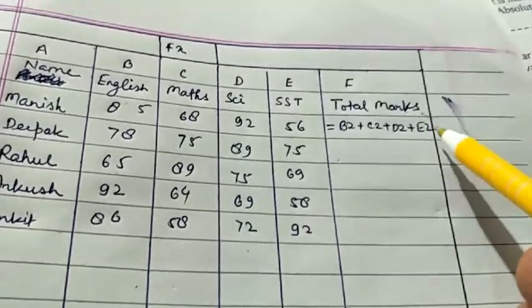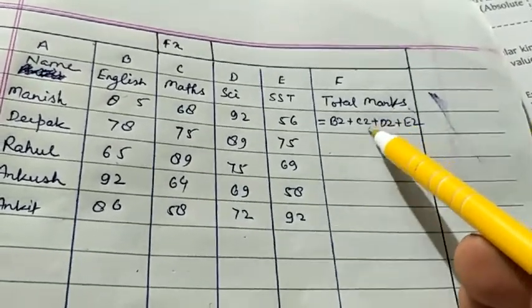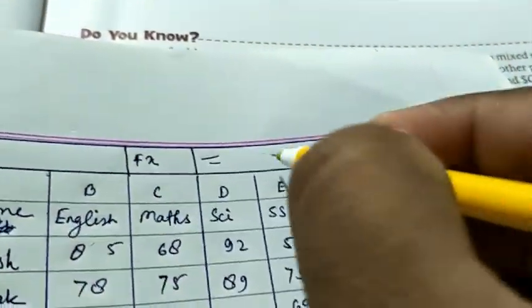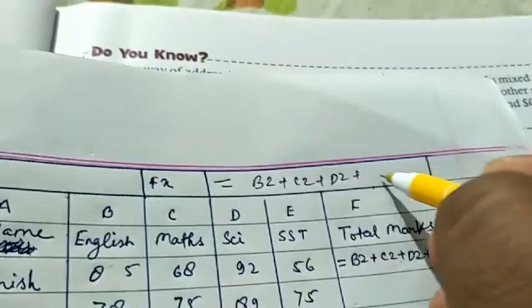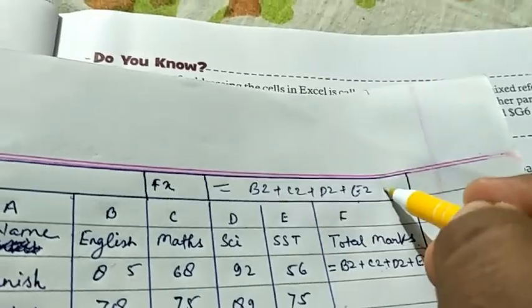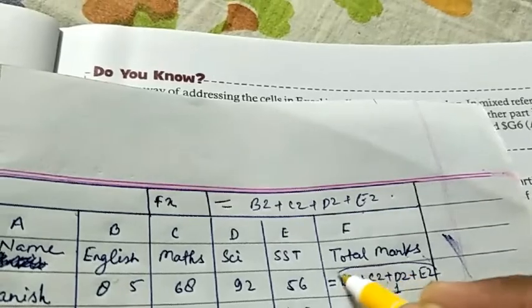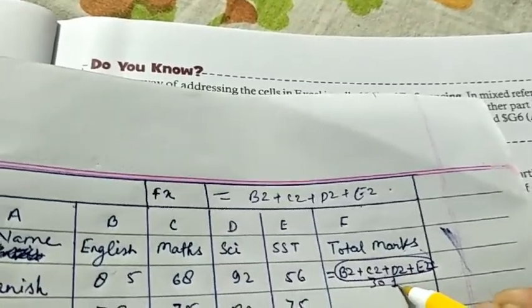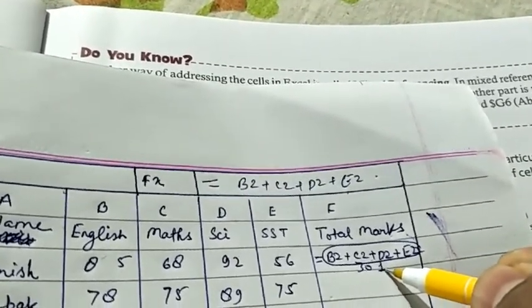If you want to show the result here with the help of a formula, you will click in this cell and write the formula B2 plus C2 plus D2 plus E2. After you press the enter key, the result will be displayed here in place of this value.